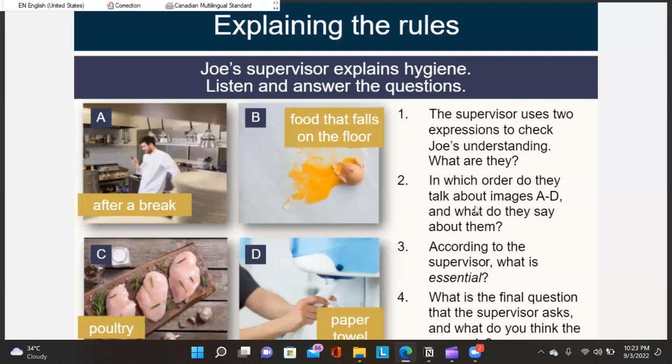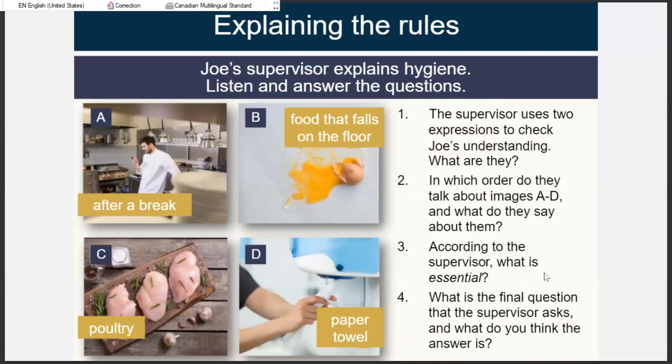Okay, great job. So what is the final question he asked, and what do you think the answer is? The final question he asked was, what should you do if food falls on the floor?